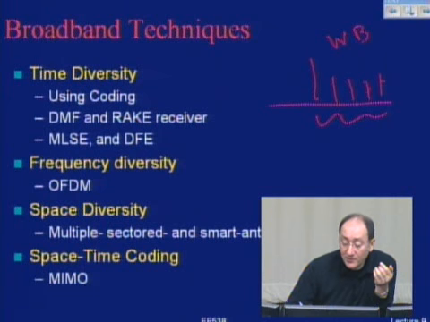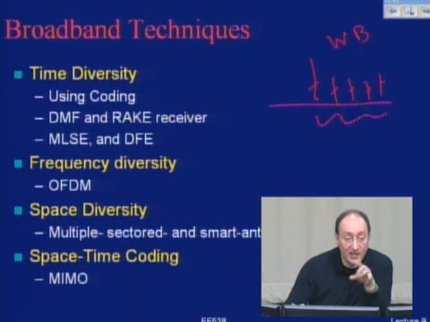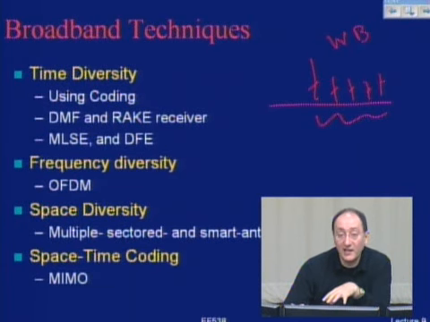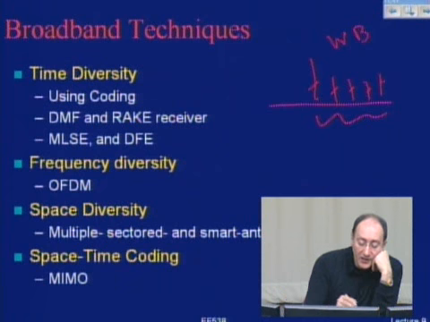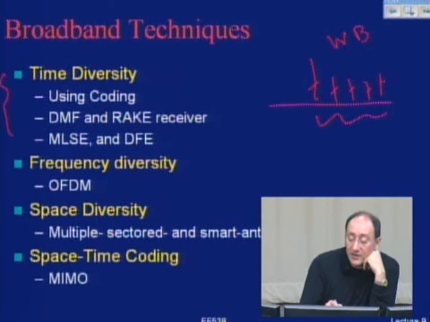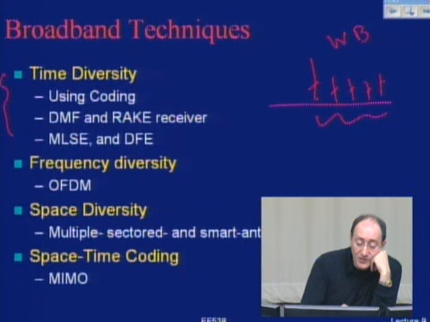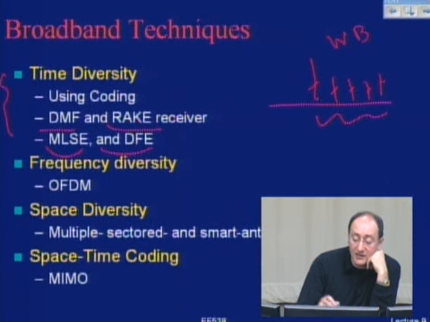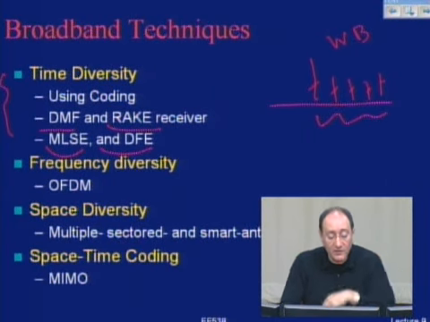And each tap of this impulse response is like a fading value, which is going up and down. Now, how many tricks can I play to improve it? The tricks can be divided into: I can use coding, I can use discrete matched filtering or a rake receiver, I can use maximum likelihood sequence estimation and discrete Fourier transform.